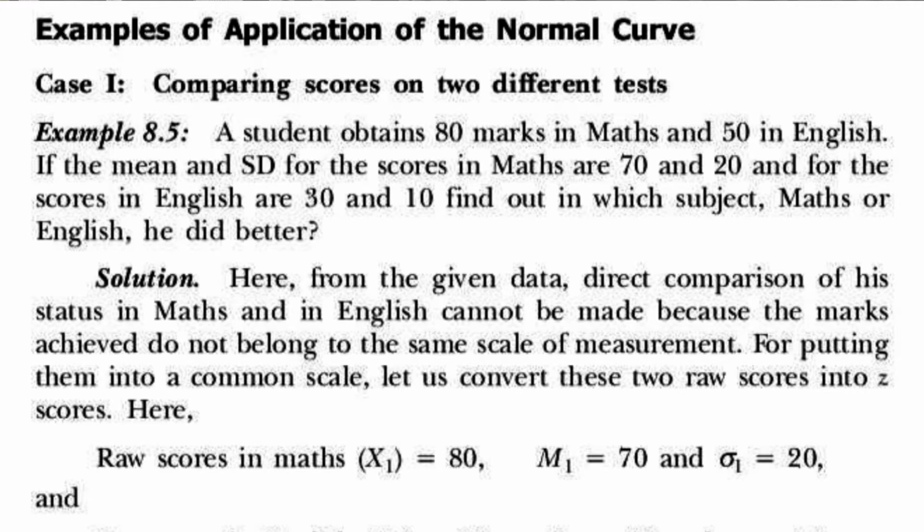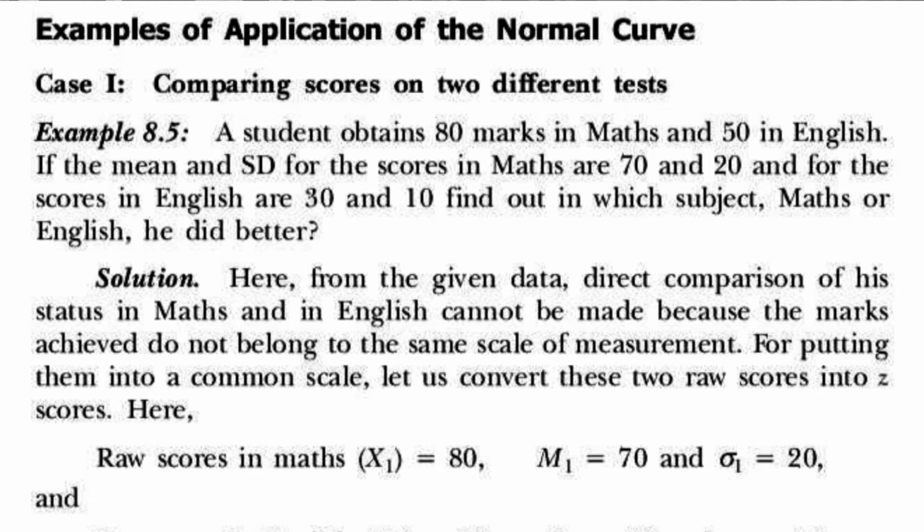In this problem, you may clearly understand that the raw scores in maths and English are given, and mean and standard deviation for maths and English are given separately. So I'm going to the solution of this problem.